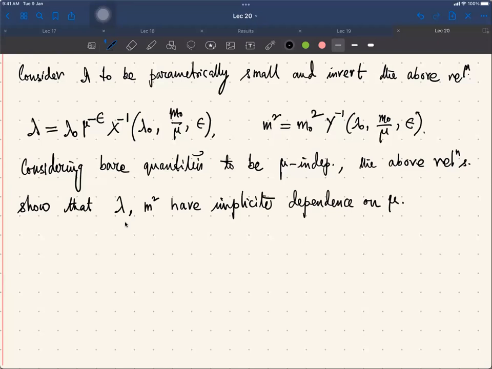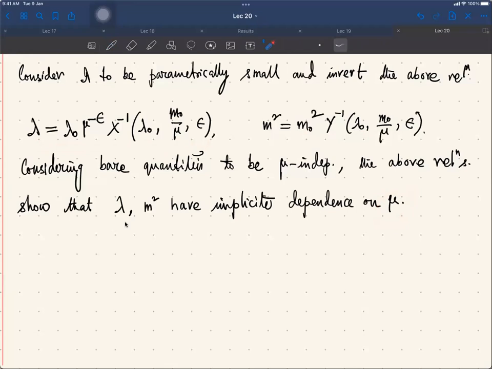This is the relation which we interpret as lambda having a mu dependence, because lambda 0 and m0 are mu independent. So mu is an arbitrary scale mass parameter.